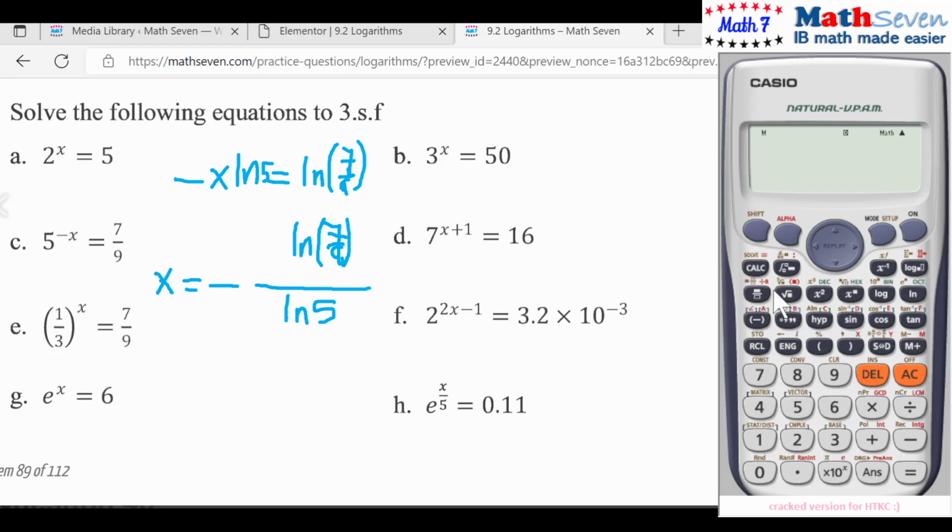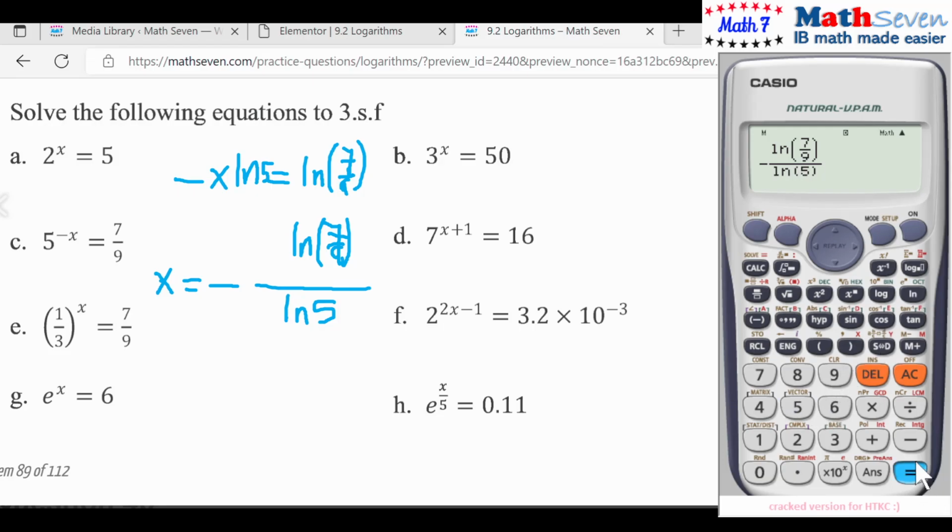Grab your calculator. AC it, so I have ln 7 over 9 here. Of course, don't forget the minus: minus, over ln 5, close brackets. Let's do it correctly, ln 5.